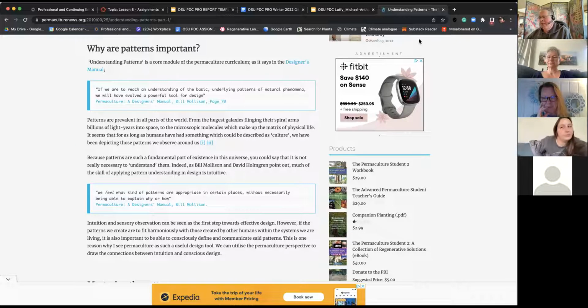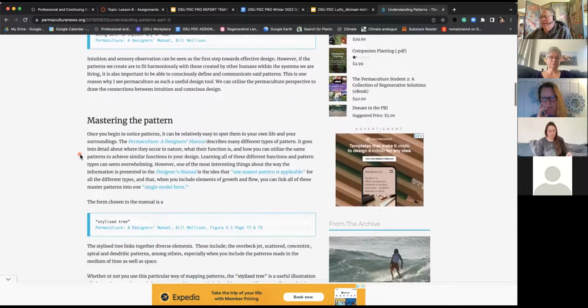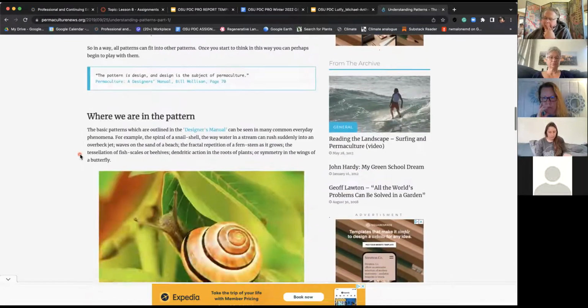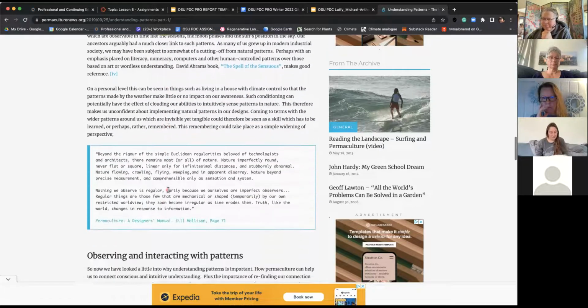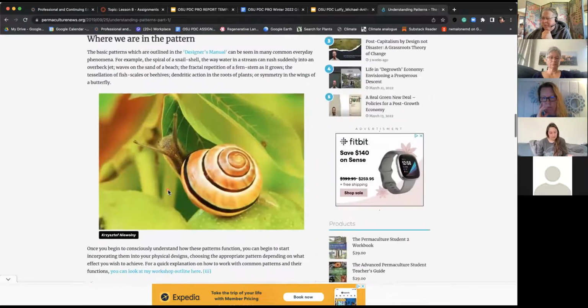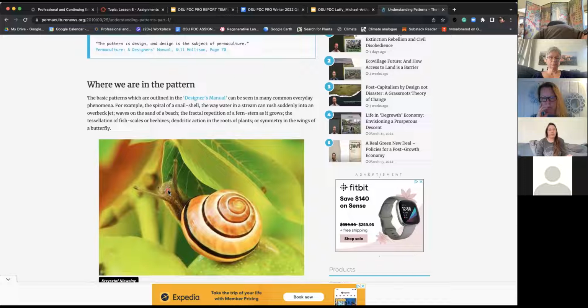Yeah, so what is patterning all about? Patterning can be just about anything. It could be this pattern on a snail. Now, you're not going to design your garden around a snail that you found, but that is a pattern. Let's get another one. Maybe I'll hold up this book.